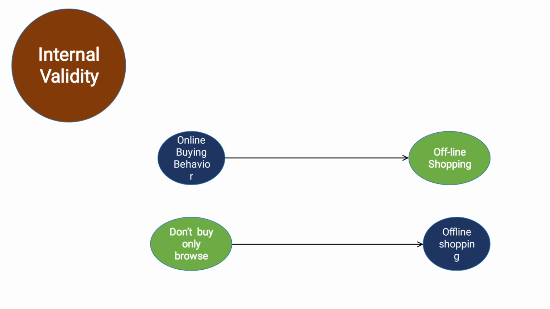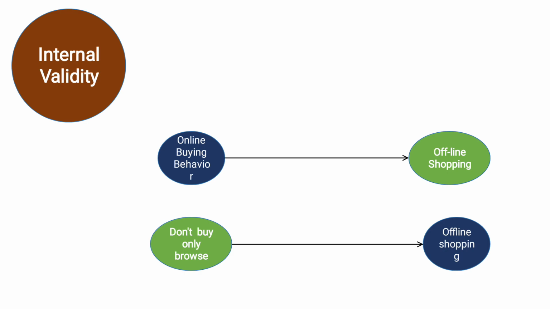So here offline shopping has an alternative explanation: first, people who buy online may have a high chance of buying offline. But again, those who don't buy online but browse products through online stores also go and buy from offline stores.